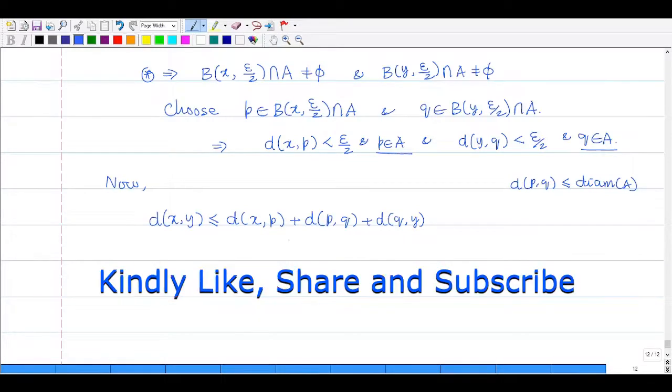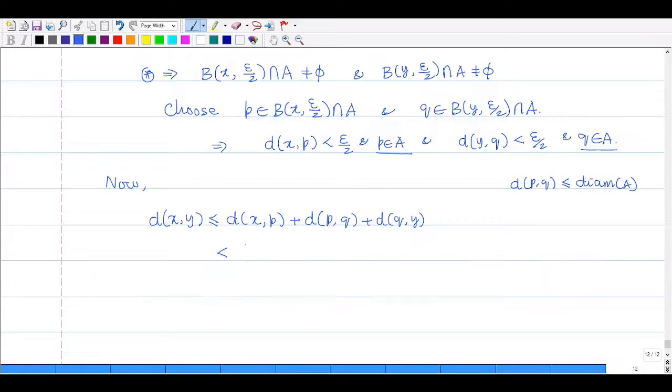So this is less than epsilon by 2 plus the diameter of A plus epsilon by 2.